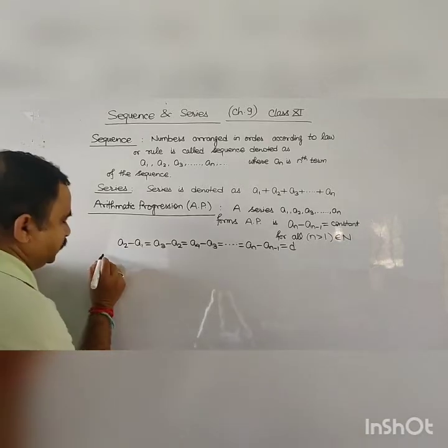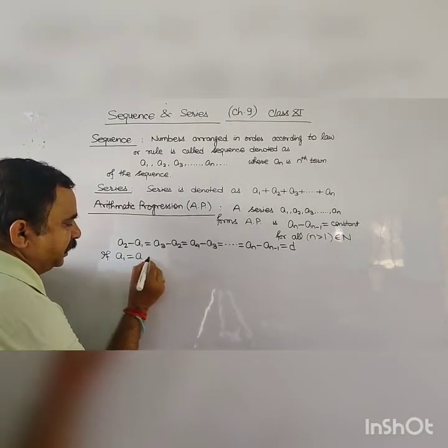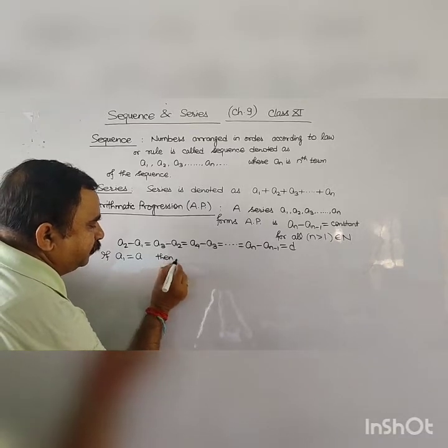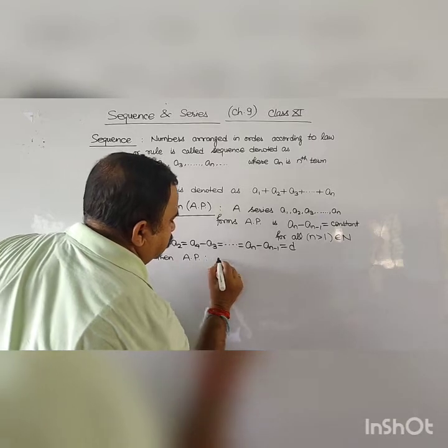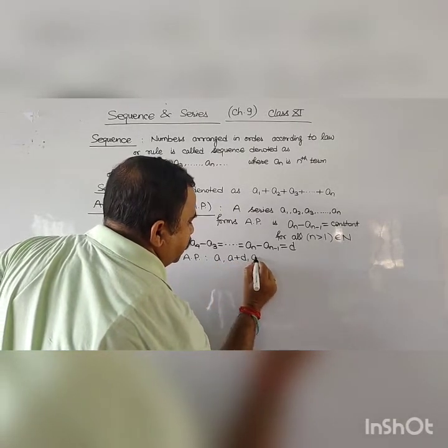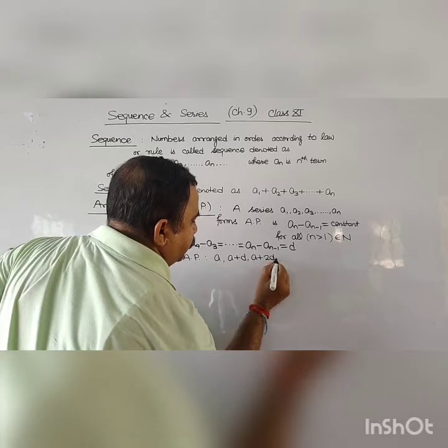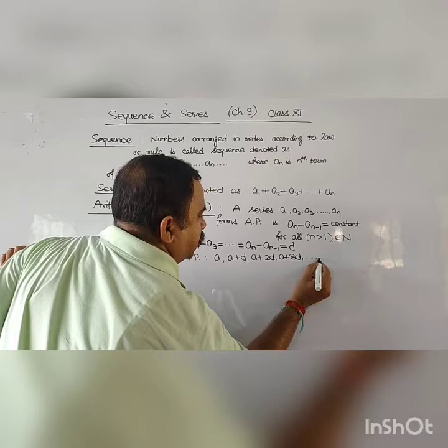If A1 is a, then AP is a, a plus d, a plus 2d, a plus 3d, and so on.